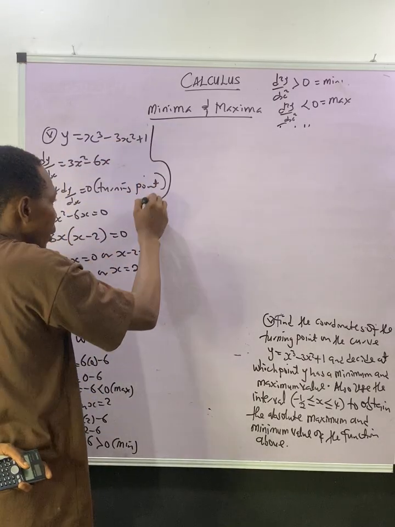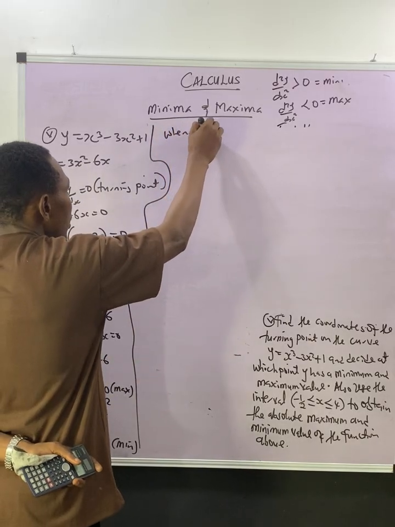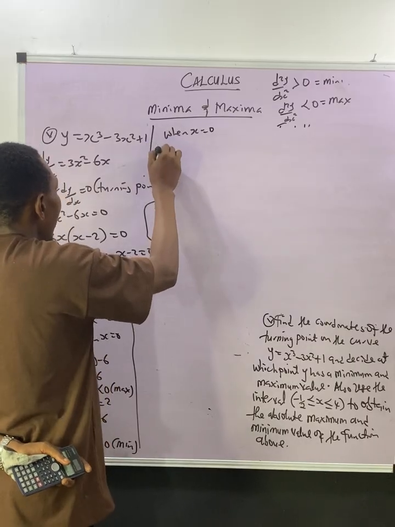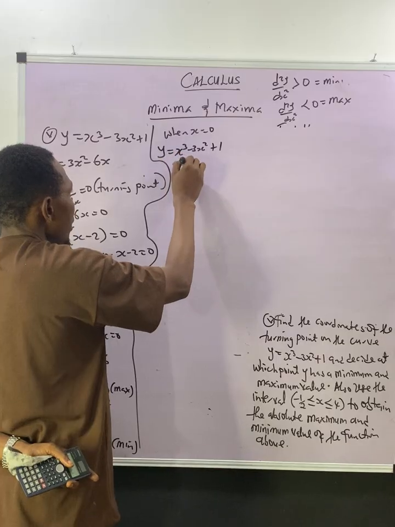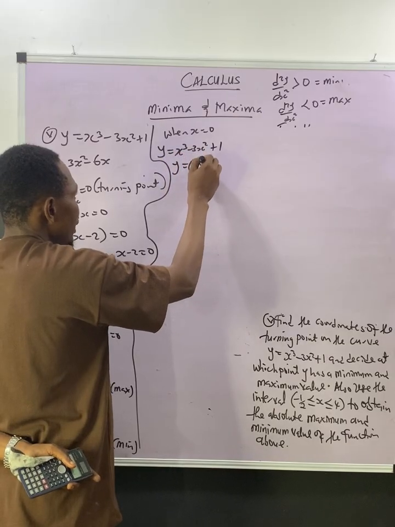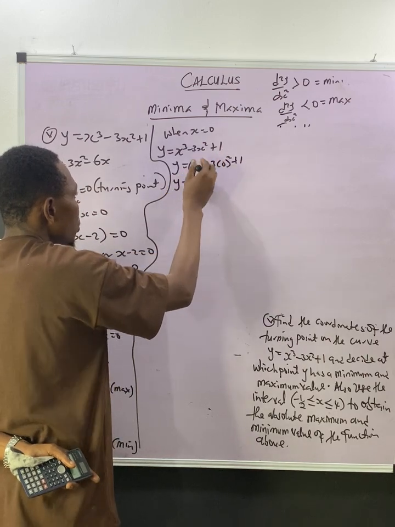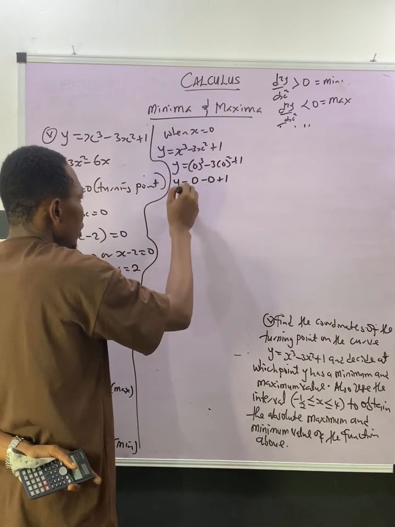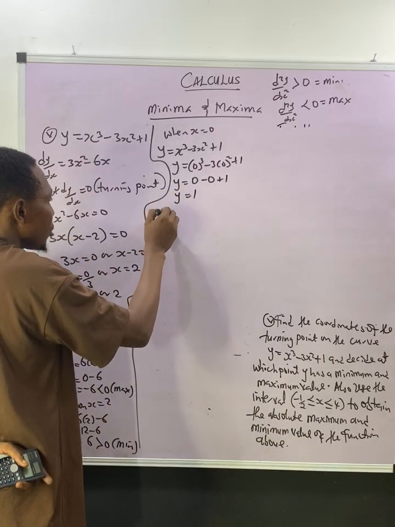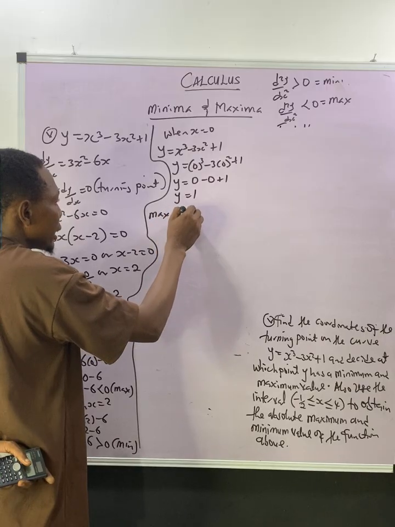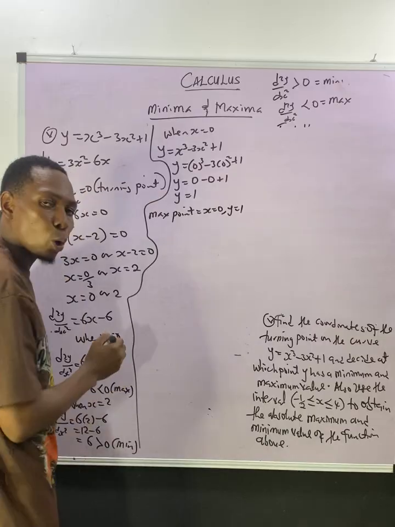So this time around, we can simply say when x was equal to 0, remember y equals x cubed minus 3x squared plus 1. So y will be equal to 0 raised to power 3 minus 3(0) raised to power 2 plus 1. So y equals 0 minus 0 plus 1. So y equals 1. It simply means that our maximum point is that when x was equal to 0, y was equal to 1.